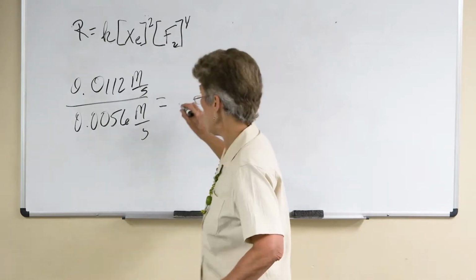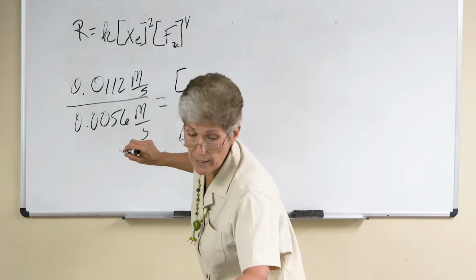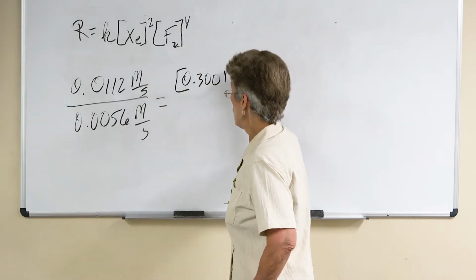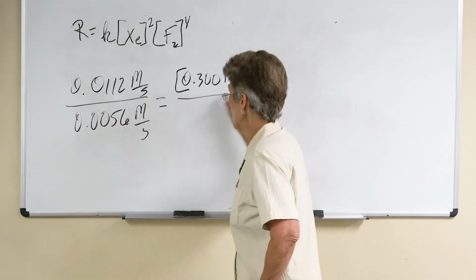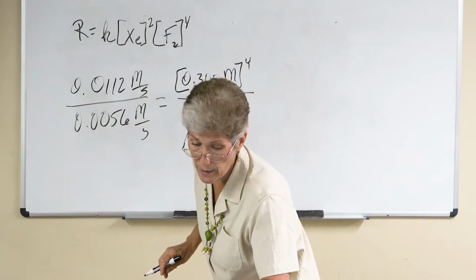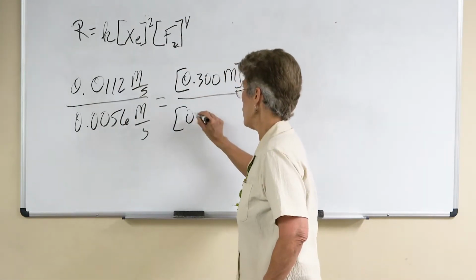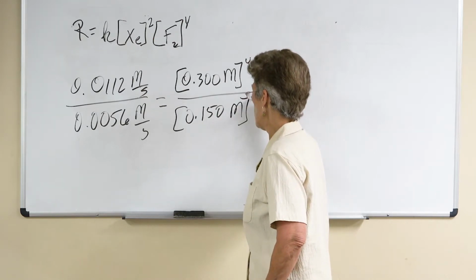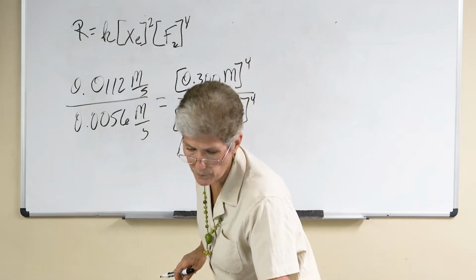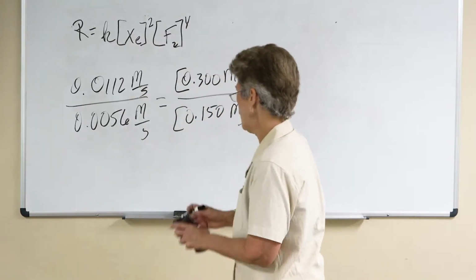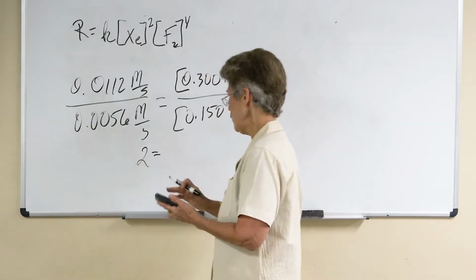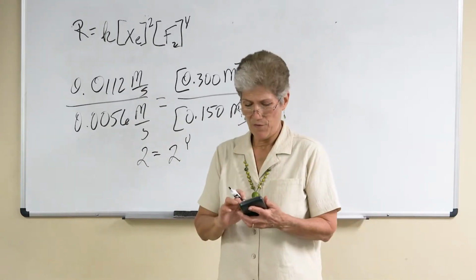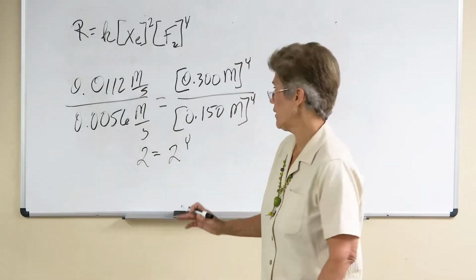For trial 3, it is 0.300 molar to the y power, over trial 1, which is 0.150 molar to the y power. Okay, and so this gives us a 2 to the y power. I'm ditching my significant figures here because it doesn't seem to matter with the orders.